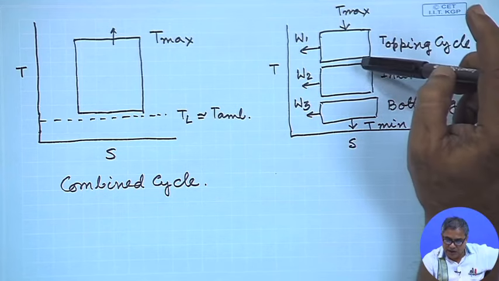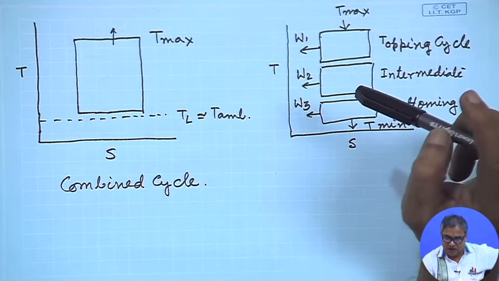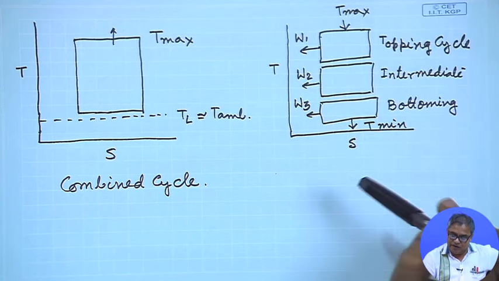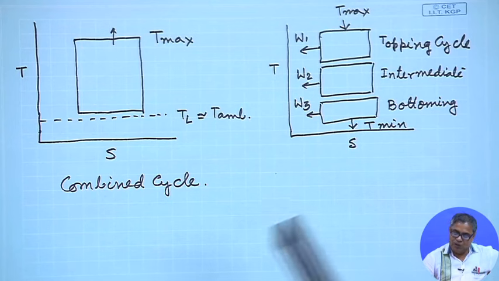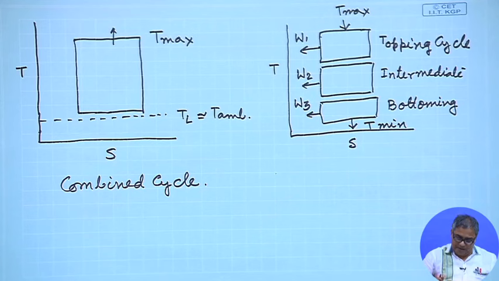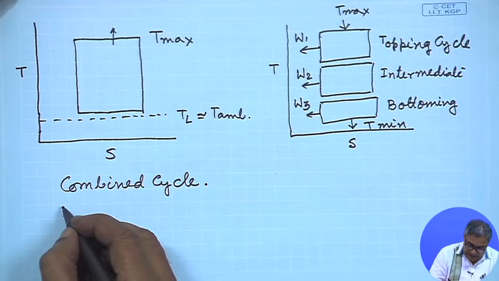Because the heat which is rejected from the topping cycle is utilized by, is recovered by the bottoming cycle or by the intermediate cycle. So, this is also a heat recovery device. So, that is why we like to spend some time on combined cycle. But if we have to have a good combined cycle, then what is the requirement? There are 2 requirements.